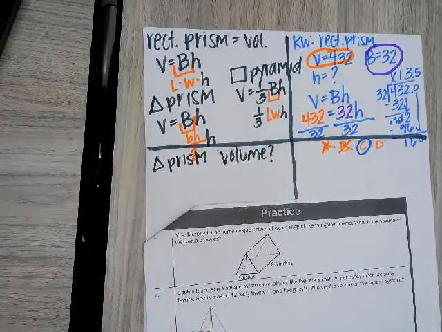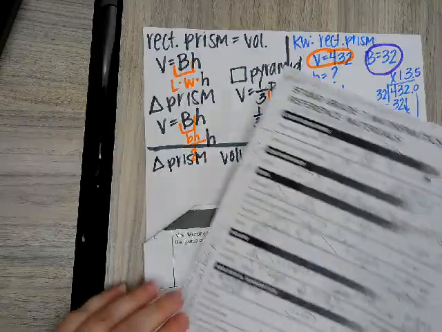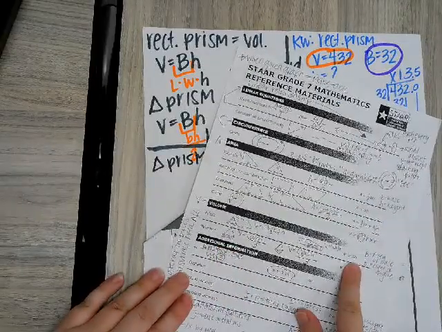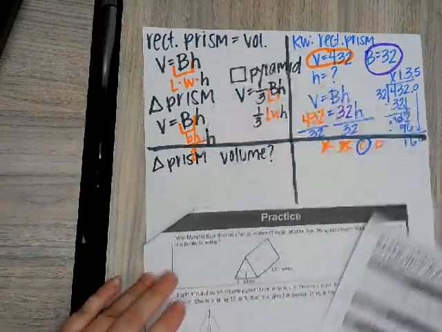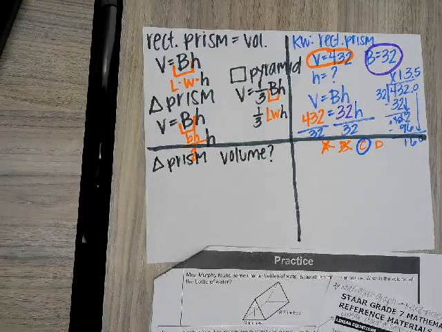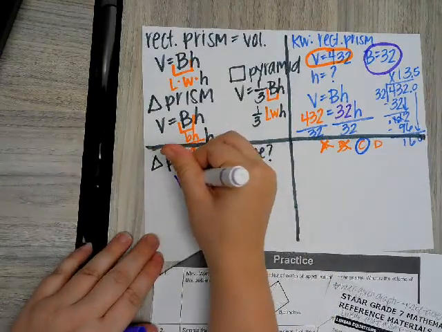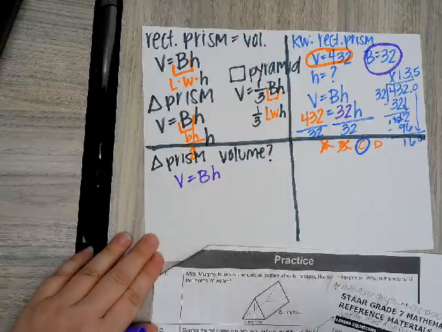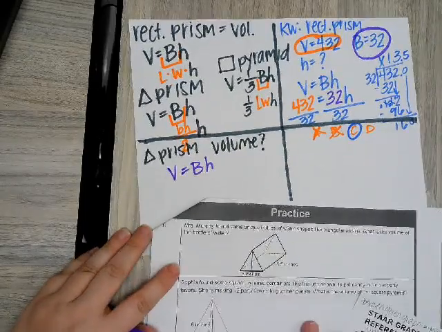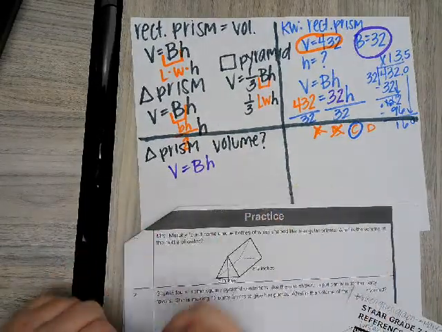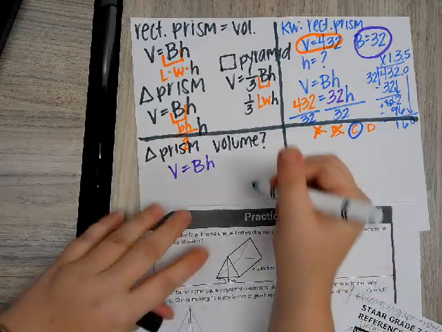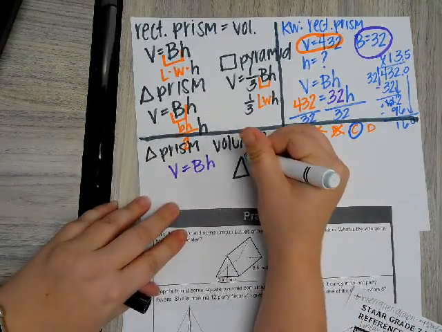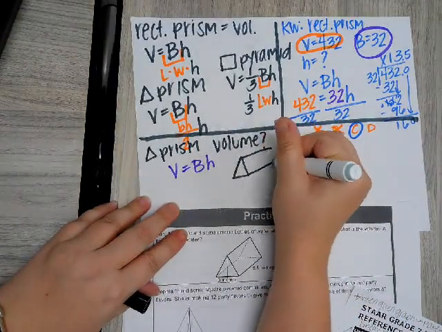Okay, so first I'm going to use my prism formula. That's V equals area of the base times my height. But if it is a triangular prism, let me draw that. It doesn't have to look amazing, see, mine looks all funky.